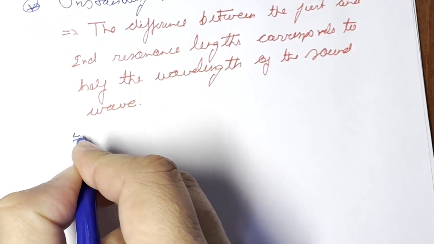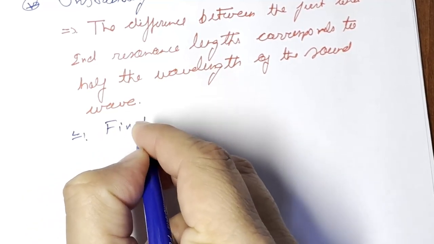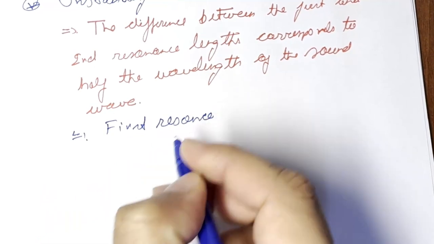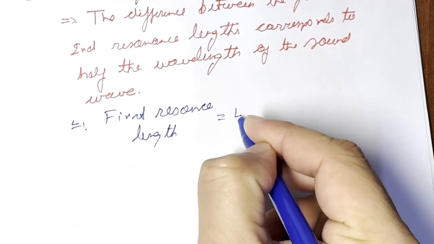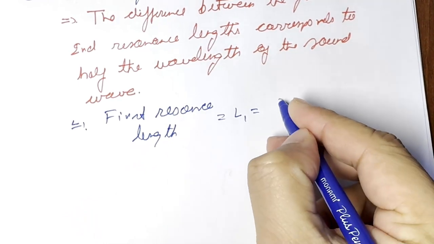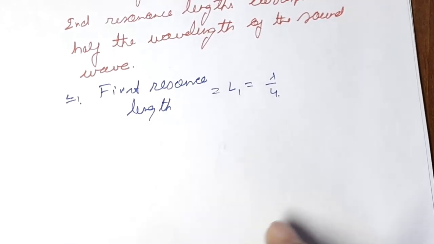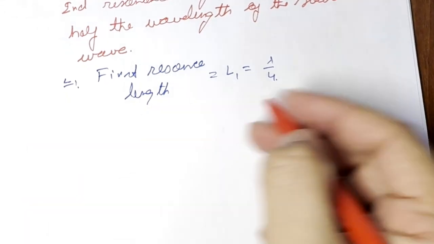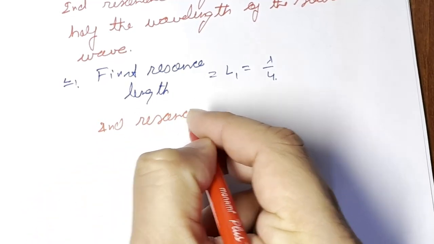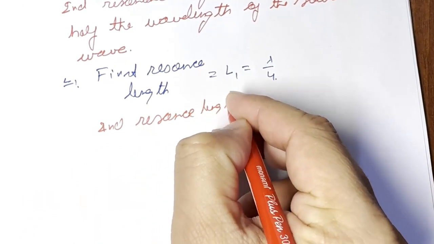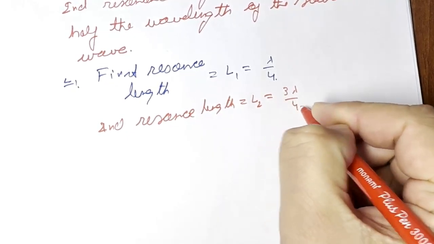So the first resonance length, let us suppose that is L1, will be equal to lambda by 4, and the second resonance length, let us suppose L2, will be equal to 3 lambda by 4.